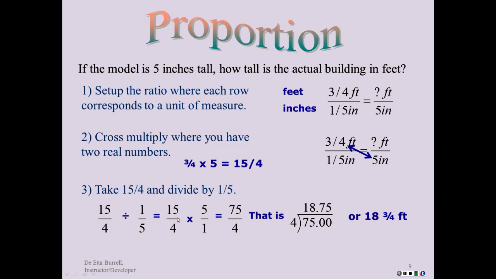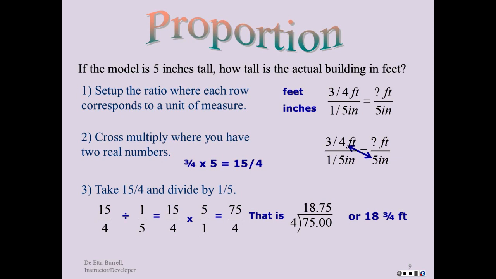Keep, switch the operation to multiplication, and flip. Now, I can't cancel anything, so all I did was take 15 times 5 is 75, and 4 times 1 is 4. When I take 4 into 75, that's the same as 18 3/4, or 18.75. And that's feet.